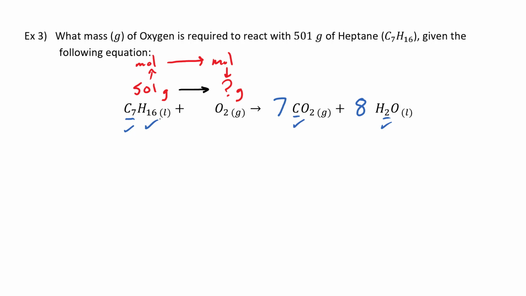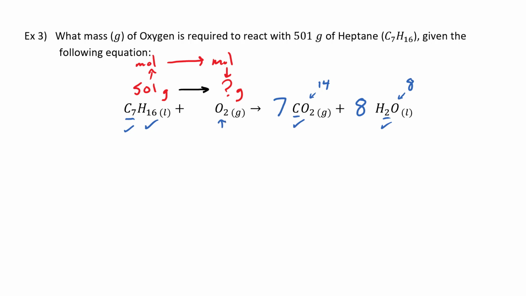Finally, oxygen. Here I have 1 oxygen. Here I have 2 oxygens. There's 8 water molecules. 1 oxygen atom per water molecule gives me 8. And with carbon dioxide, there's 2 per molecule. 2 times 7 is 14. 14 plus 8 is 22.